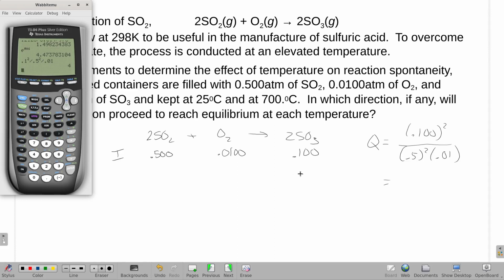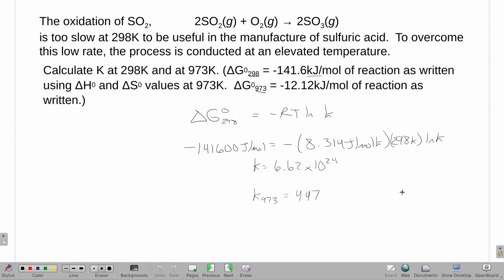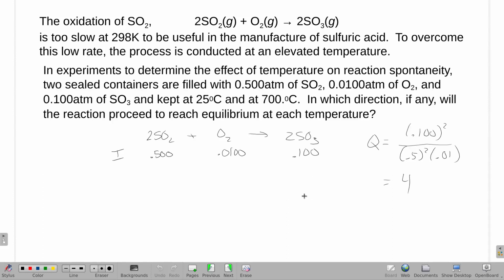Oh, that's nice. It comes out in that nice number. Alright, the question just wants to know if it's going to go forward or not. Well, if we have a Q of 4, and in both cases the K is bigger than 4, whenever Q is smaller than K, we still go forward. So, both proceed forward.